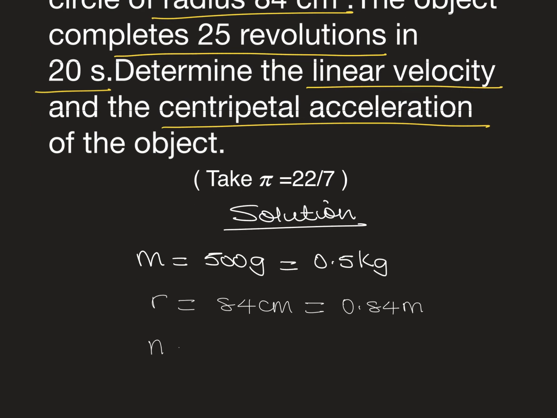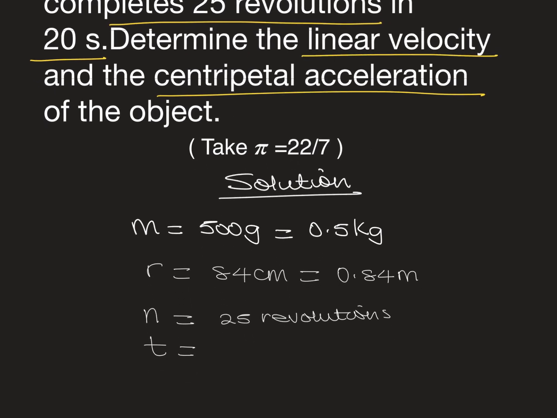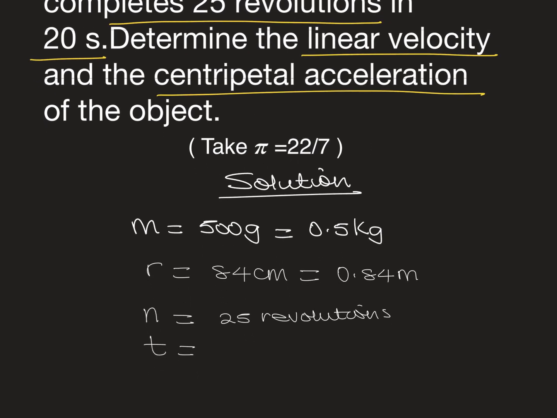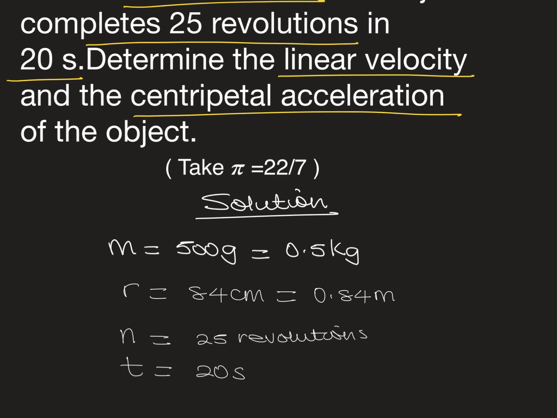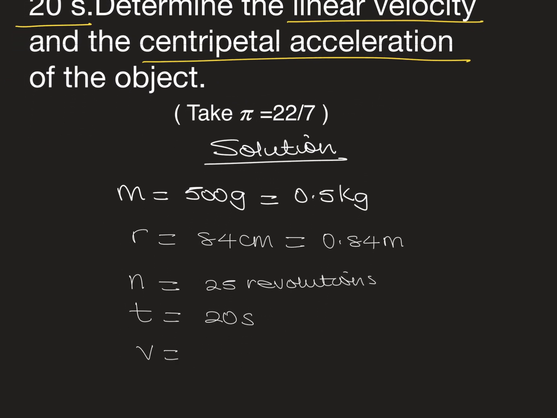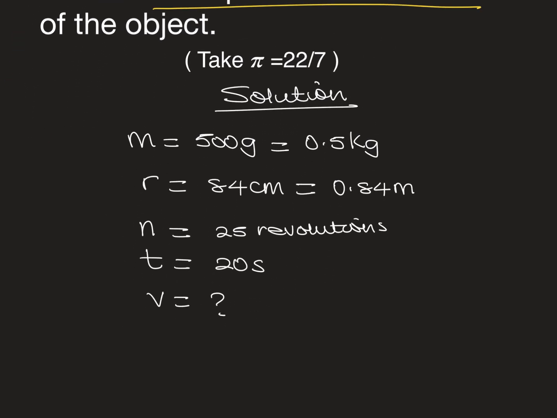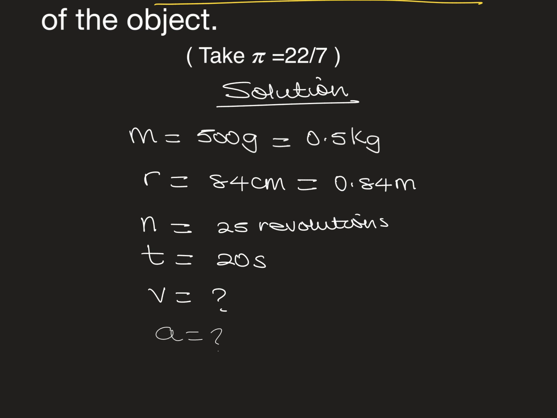The number of revolutions is 25, and the total time taken for those revolutions is 20 seconds. So we want to find the linear velocity and the centripetal acceleration.